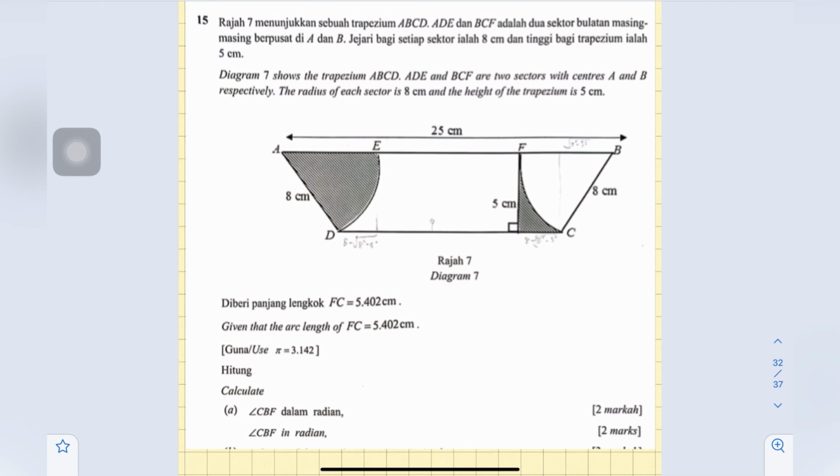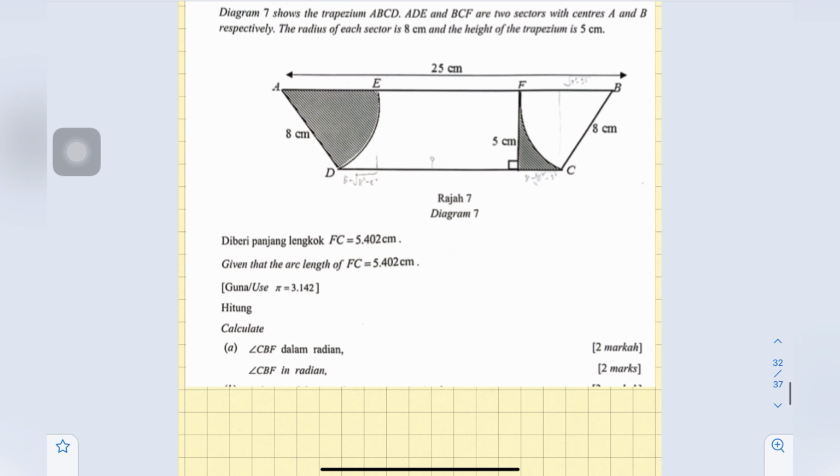Number 15, the diagram shows the trapezium ABCD. ADE and BCF are two sectors with centres A and B respectively. The radius of each sector is 8 cm and the height of the trapezium is 5 cm. Given that the arc length of FC equals 5.402, use pi equals 3.142, calculate angle CBF in radians. For question (a), the arc FC is 5.402 and we are going to find this angle.